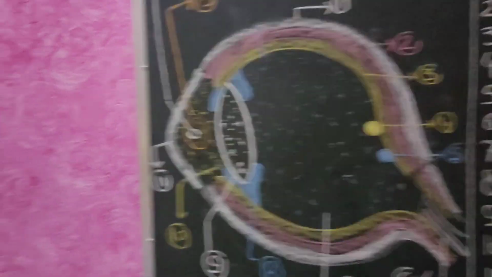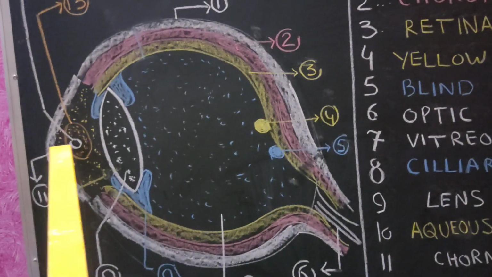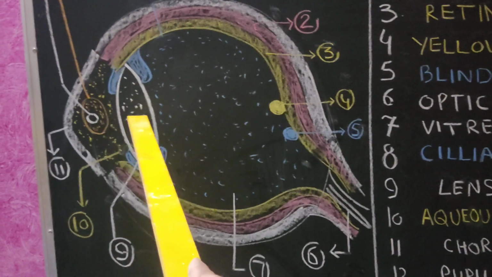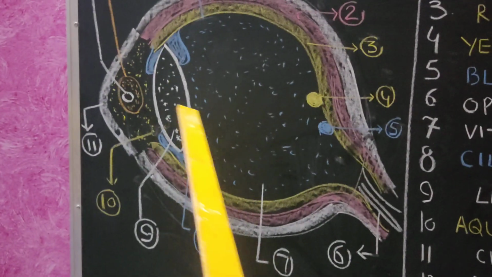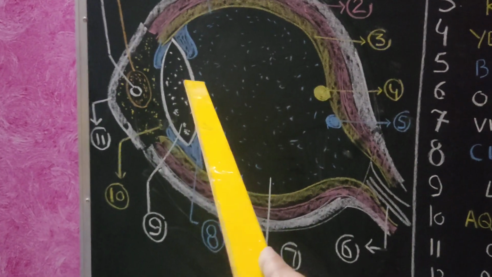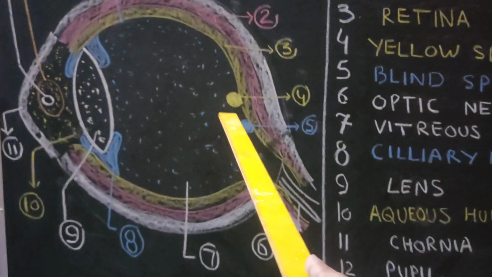Now the functioning of the eye. Whenever a ray of light from an object placed in front of the eye enters into the pupil, it goes up to the lens, and because the lens is converging in nature, that ray of light converges, and somewhere the image is formed. Normally it is at the retina in a good eye.